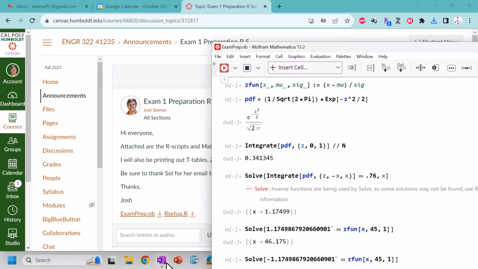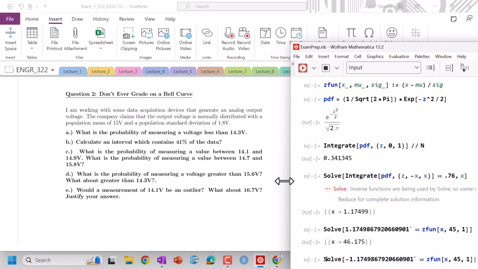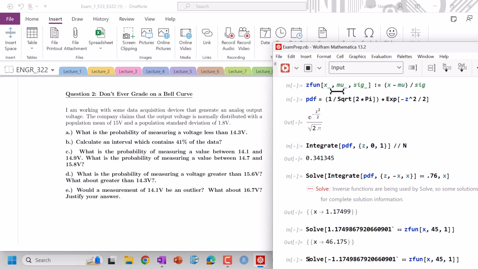solving this problem. So we are told data acquisition devices generate an analog output voltage. The company claims the voltage is normally distributed with a population mean of 15 volts, population standard deviation 1.8. So let's go ahead and start to solve this one. So PDF. What is the probability of measuring a voltage less than 14.3?